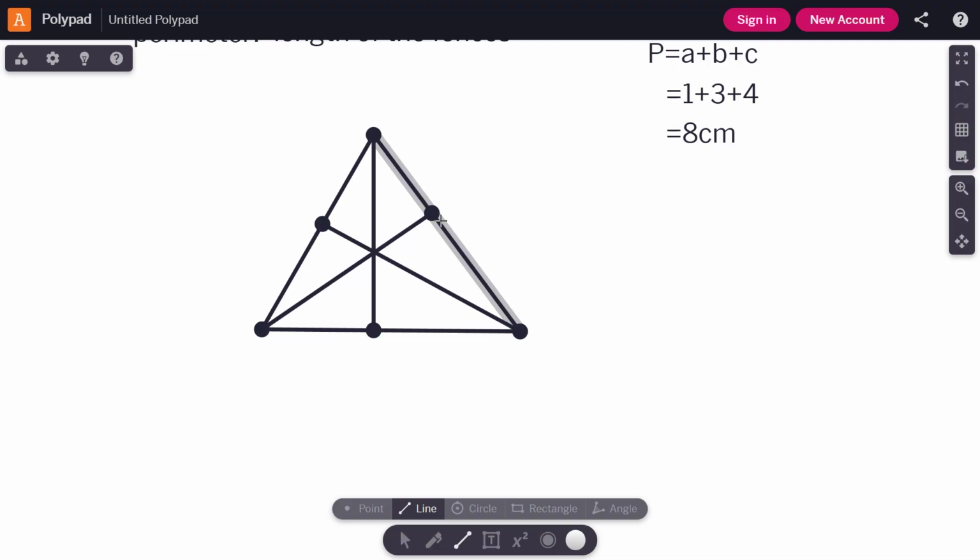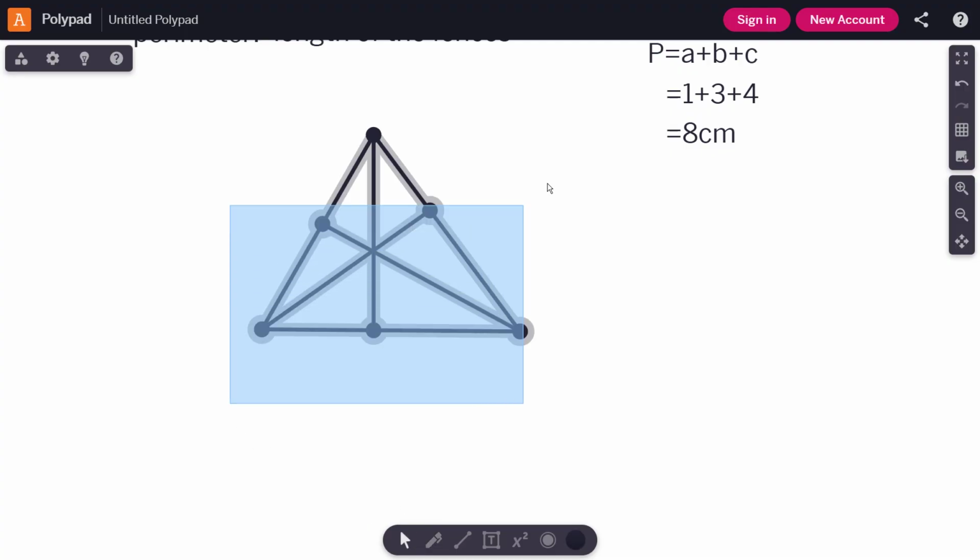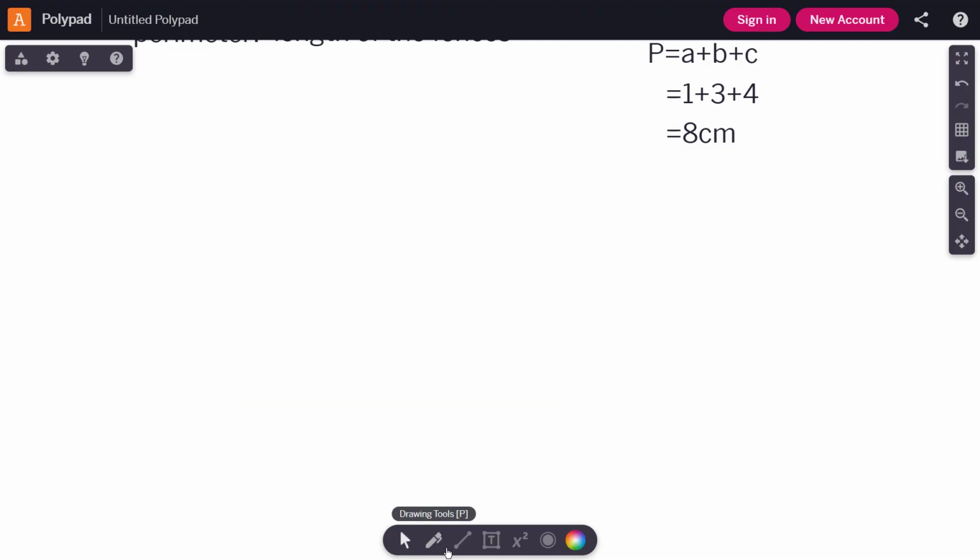Do this, 90 degrees, 90 degrees. Alright, that's the 3 heights of an acute triangle. That's the easy one.